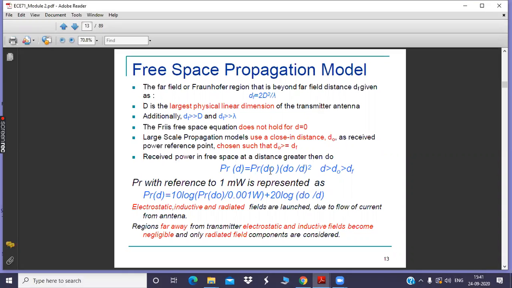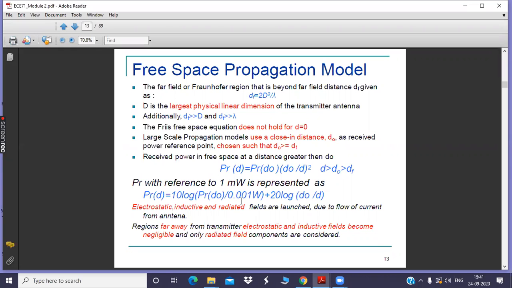So 10 log of PR of D0 plus 10 log of (D0 by D) the whole square becomes 20 log of D0 by D. That expression is in decibel watts when you do not take the 0.001 watts. But when you divide this quantity by 0.001, it becomes dBm. dB milli means we are representing the power level in decibels with a reference of 1 milliwatt.